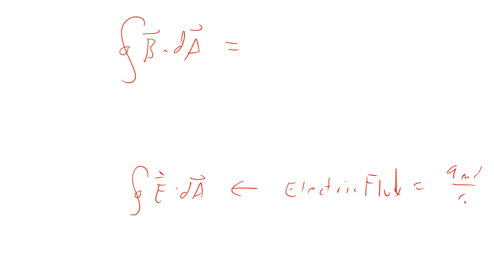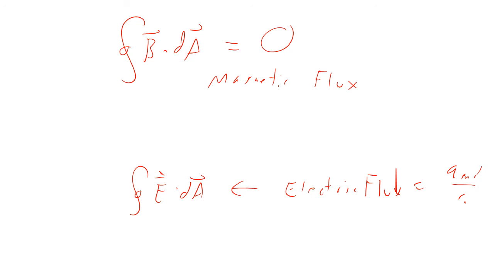This is going to be a measure of magnetic flux. It's going to be equal to the total magnetic charge over mu naught. There is no magnetic charge, because you are always going to get dipoles, both plus and minus.